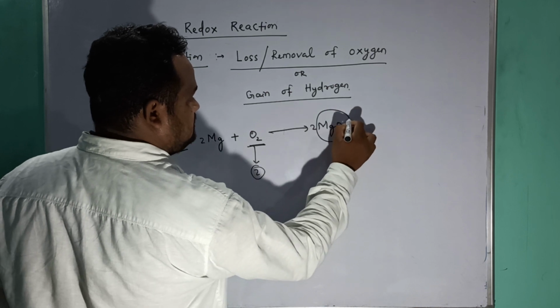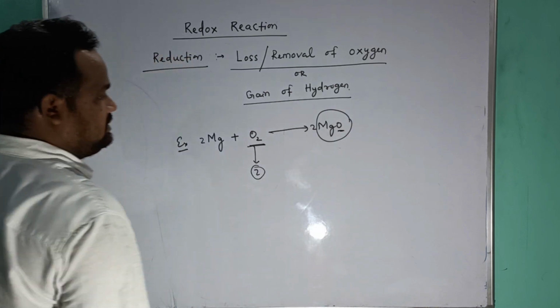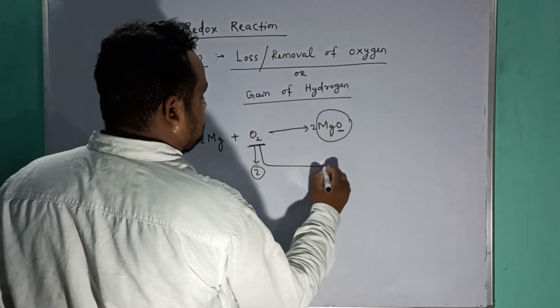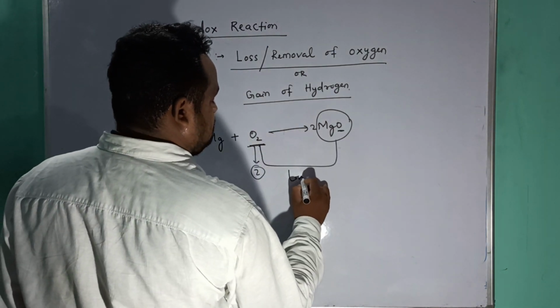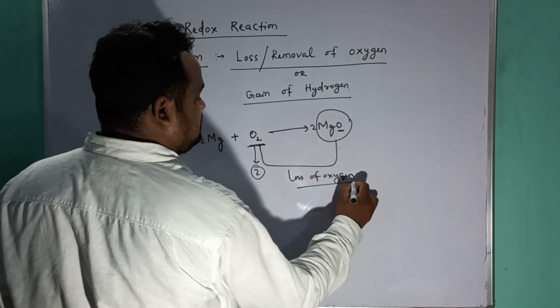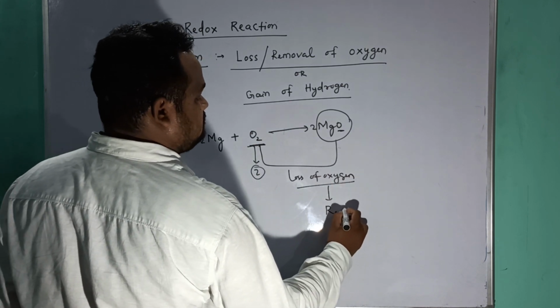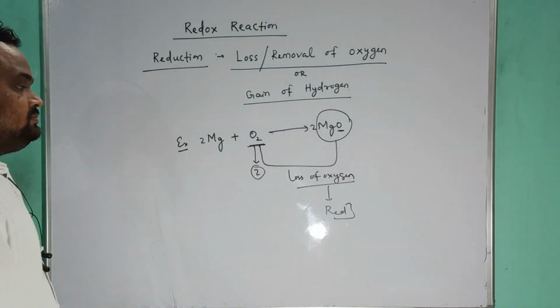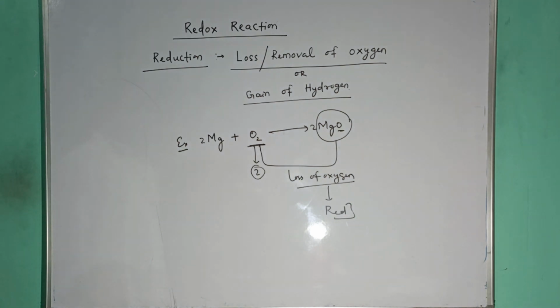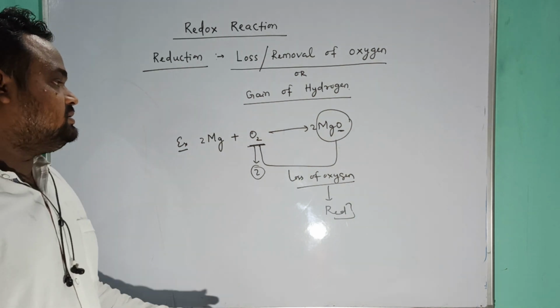Look at MgO only. How many oxygen are there? 1 oxygen. So what happened to oxygen? Loss of oxygen. Loss of oxygen means what? Reduction. If loss of oxygen takes place, that is known as reduction.